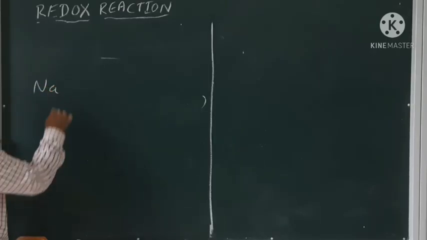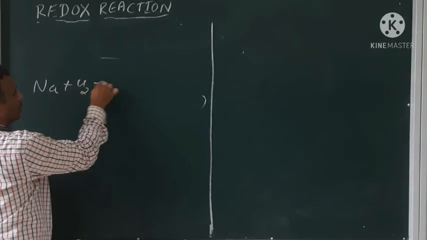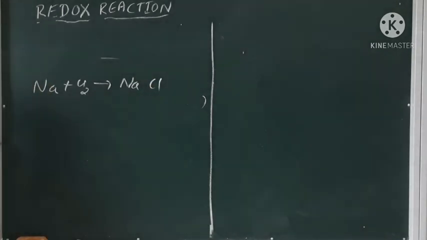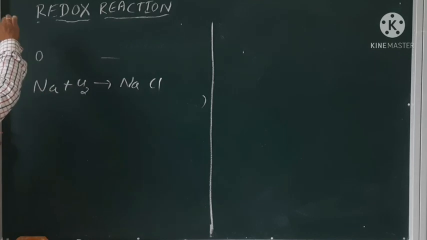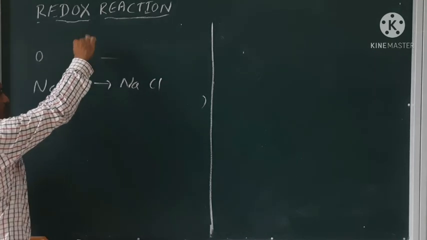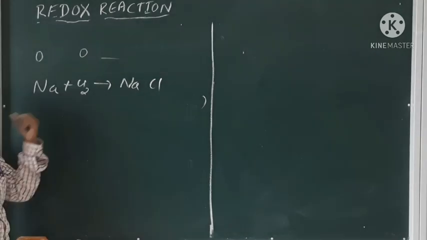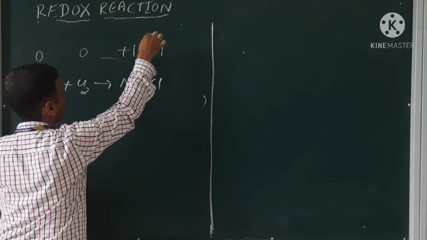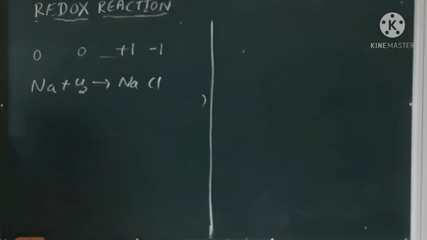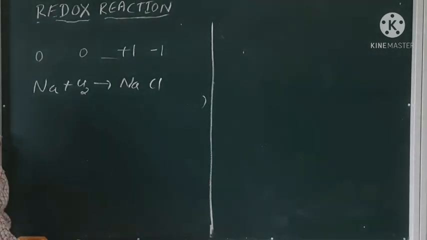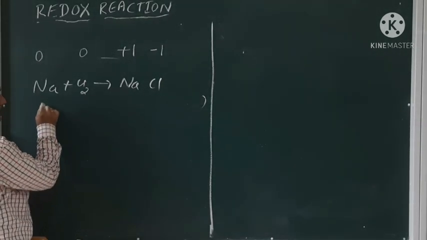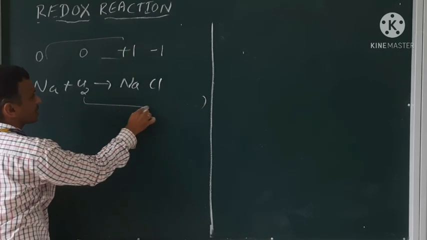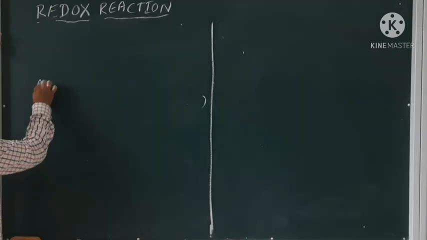Na plus Cl2 gives NaCl. Here the oxidation number of sodium is 0, chlorine also 0, because they are in the elemental state. Whereas here it is in the plus 1 state and the minus 1 state. So you see there is an increase in the oxidation number and a decrease in the oxidation number.